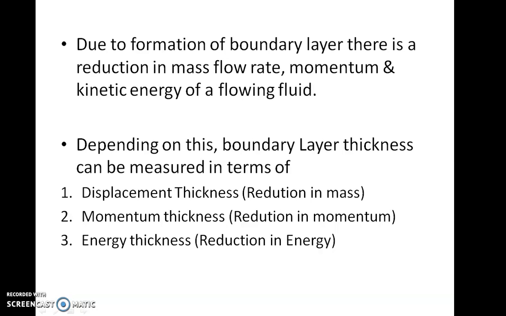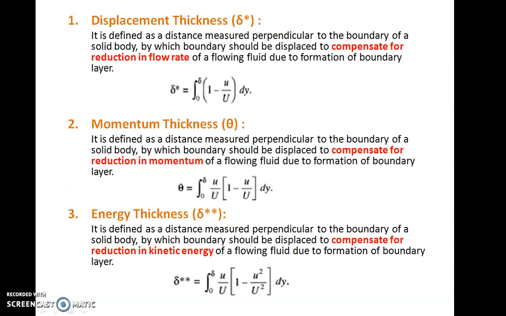In terms of mass it is given as displacement thickness, in terms of momentum it is called momentum thickness, and in case of energy it is called energy thickness. So let us define this displacement thickness, momentum thickness and energy thickness.